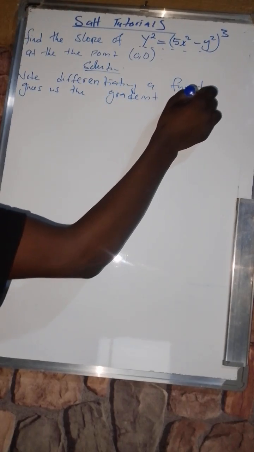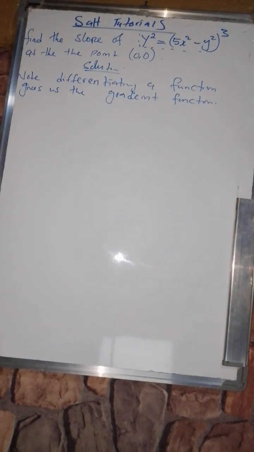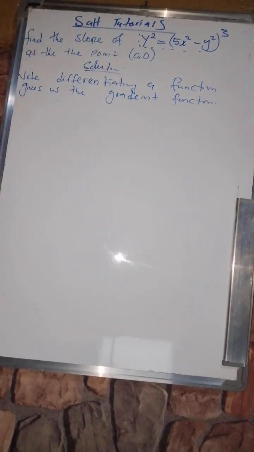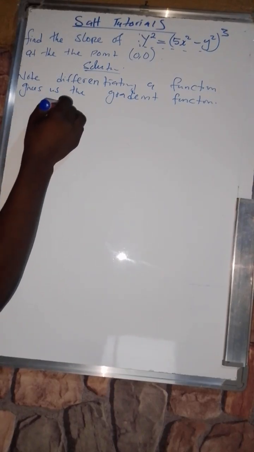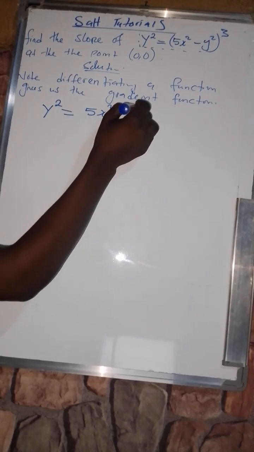So if I differentiate this, I'm going to obtain a gradient function into which we insert this point, then we'll have the slope. As simple as that. So now the question is y squared equals 5x squared minus y squared to the power 3.